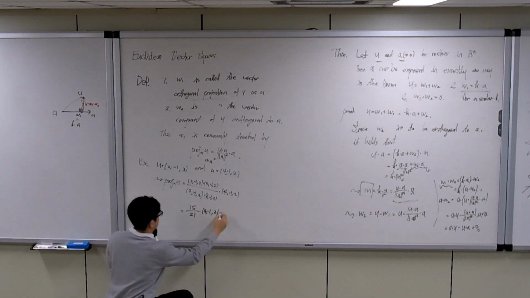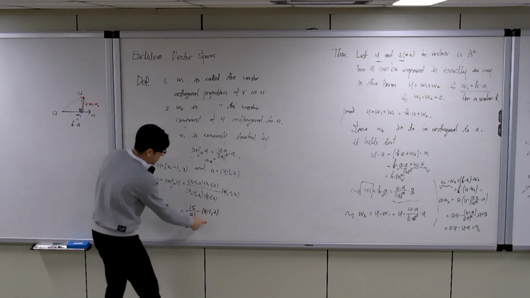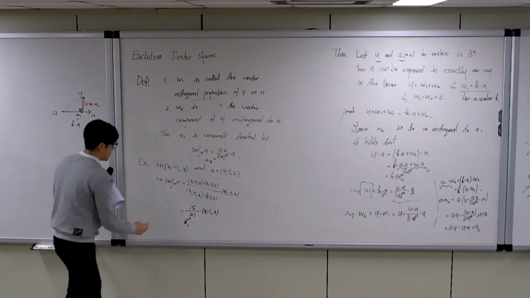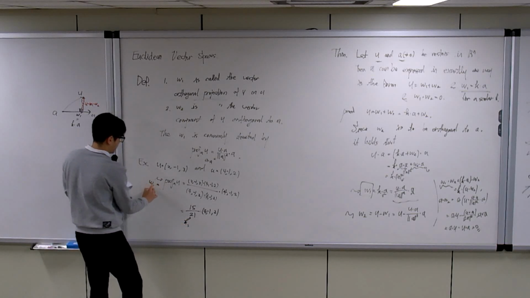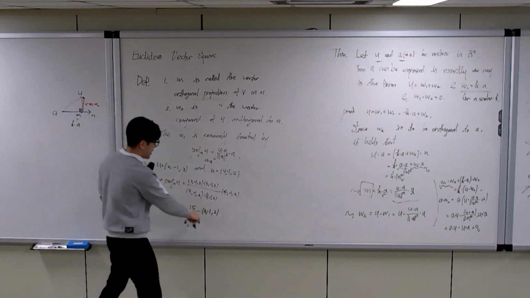So it has the same direction as a, and the w1 vector is written as a scaling k of vector a.